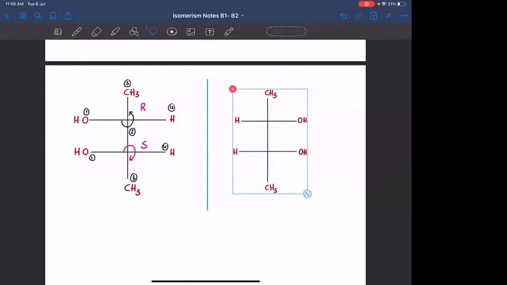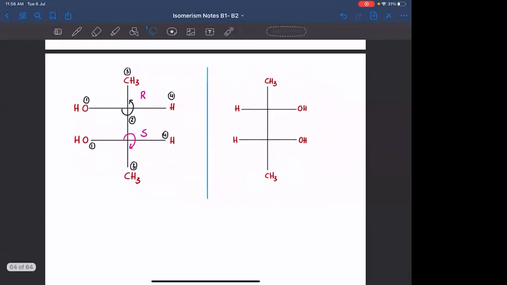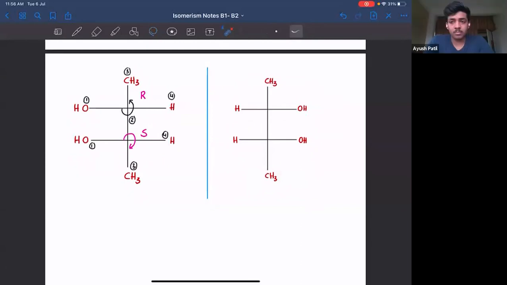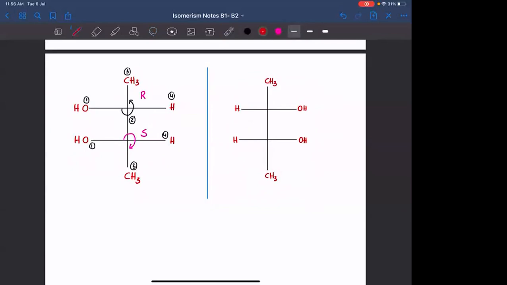So are these two optically active? If you have a superimposable mirror image, I should not say these are optically active. Agreed? Understand this.